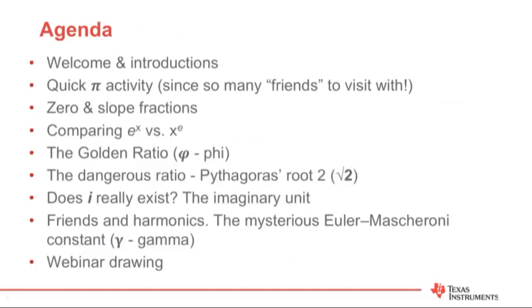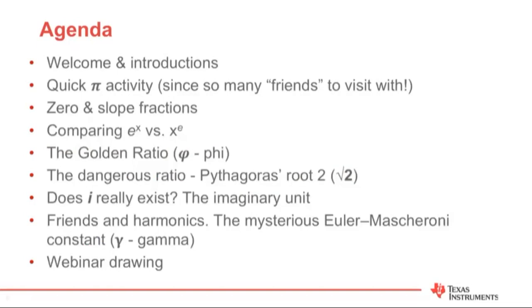At this point, Irina is going to discuss our agenda. We're going to start today's webinar with a quick pi activity, since pi is the host of today's special numbers. Then Karen will continue with activities devoted to zero and slow fractions. We will look and compare e to the x and x to the e to highlight a special number e, and then we will look at the golden ratio.